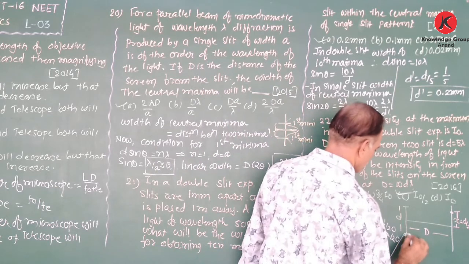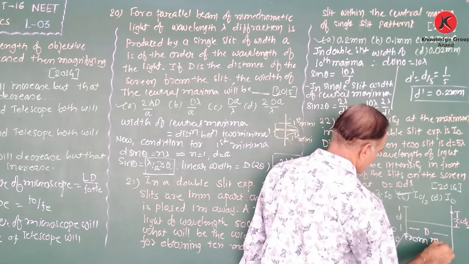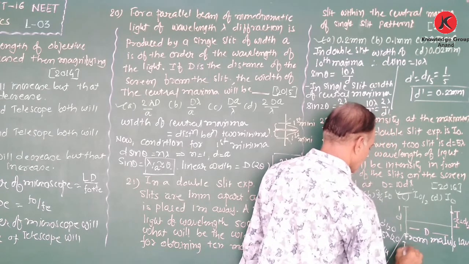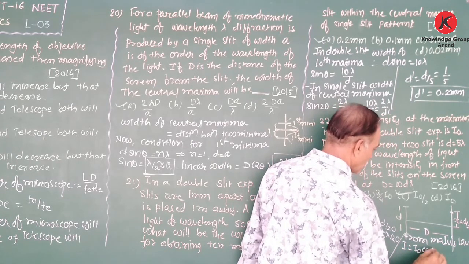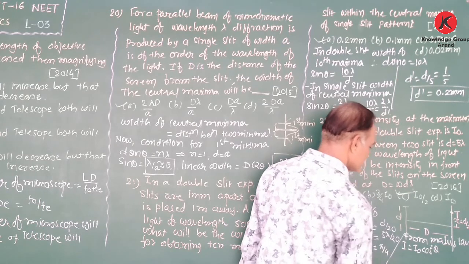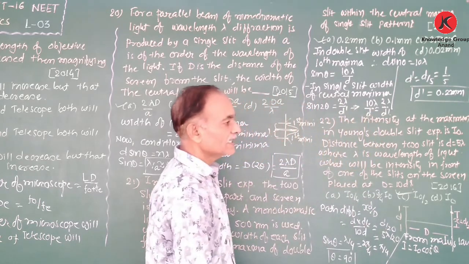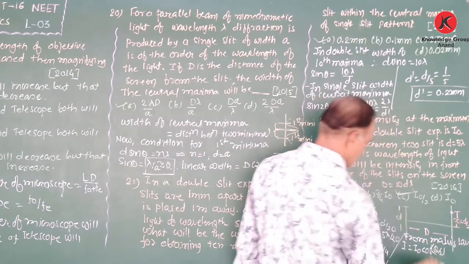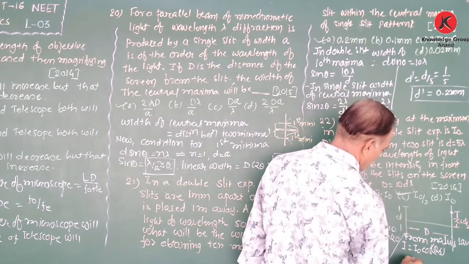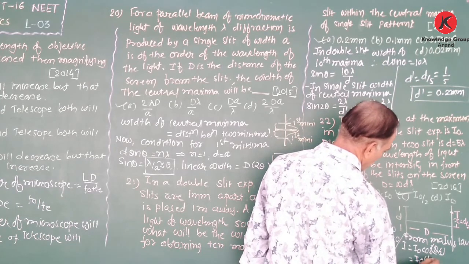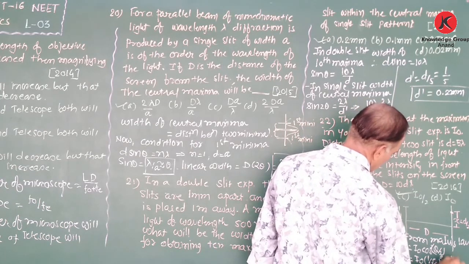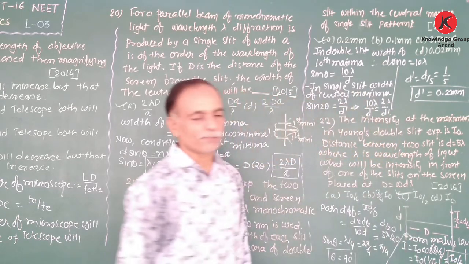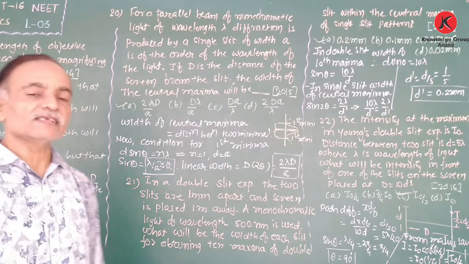So from Malus law, I is equal to I0 cos square theta by 2. That means 45. Therefore, I0 into 1 upon root 2 whole square. Therefore, I0 by 2 is the intensity at that point in front of the slit on the screen.